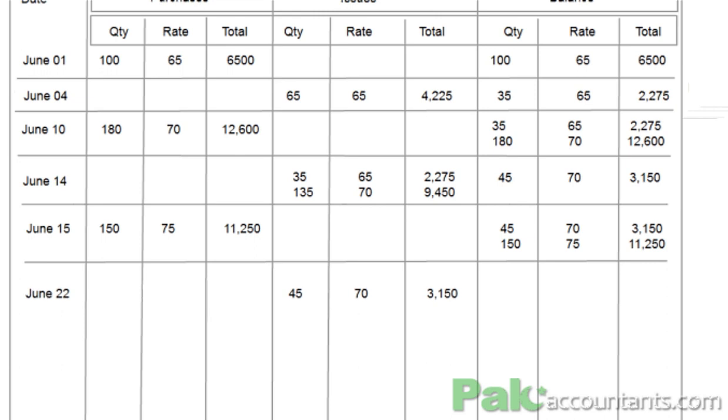and another 105 units will be sent out of 75, for which the value is 7,875. Okay, and after making these issues, you'll be left with 45 units at 75, for which the value is 5,625.